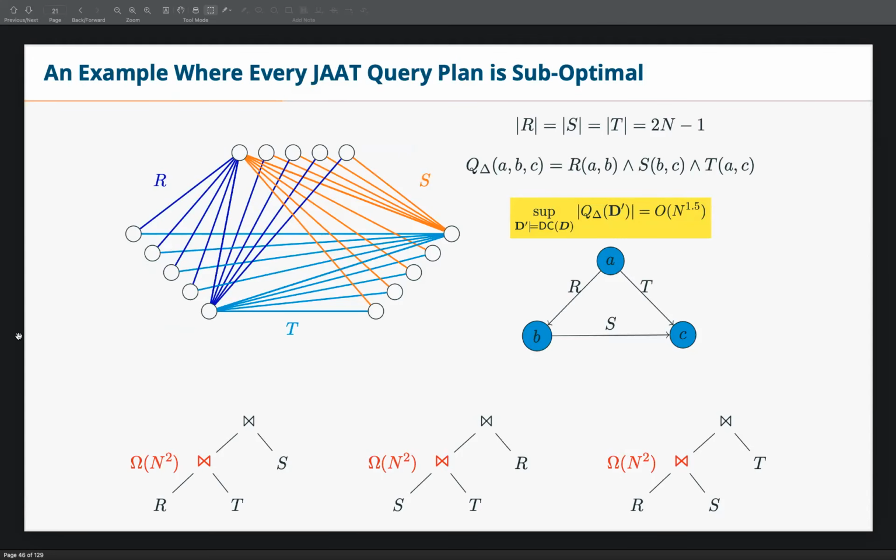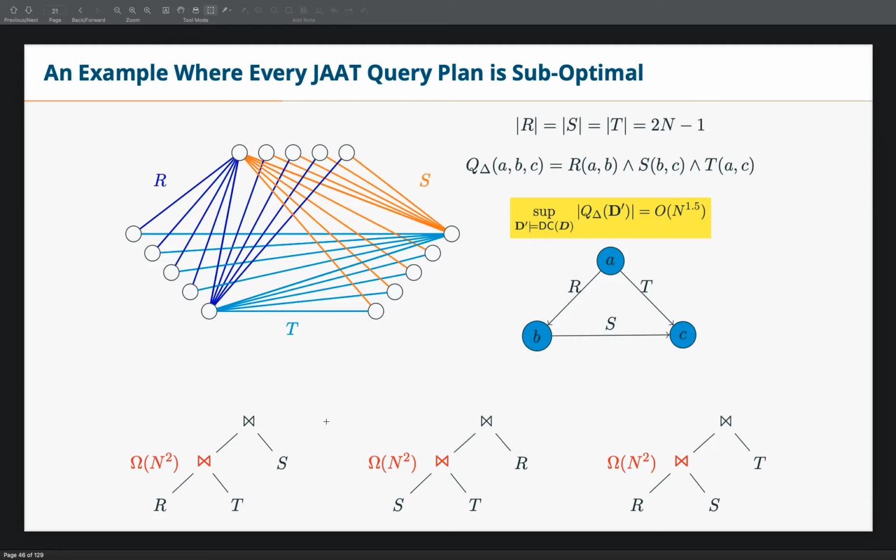From your database systems course, you probably know that the typical join plan for the triangle query looks something like this, right? You can join R and S first, R and T first, or S and T first. You can construct an instance for which the intermediate result is quadratic, which is greater than n to the 1.5.